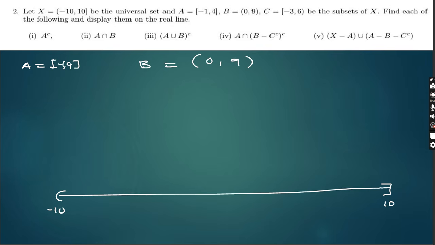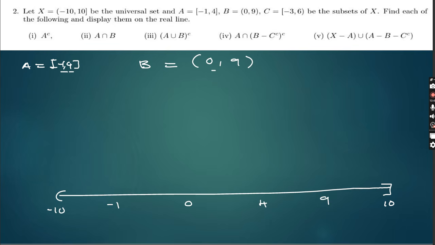Okay, this is what you need to be seeing here. So as you can see the numbers, we're going to write these numbers on the number line in ascending order. So we're going to start from -1, 0, 4, then 9. So it is -1 here, 0, 4, and 9 here.